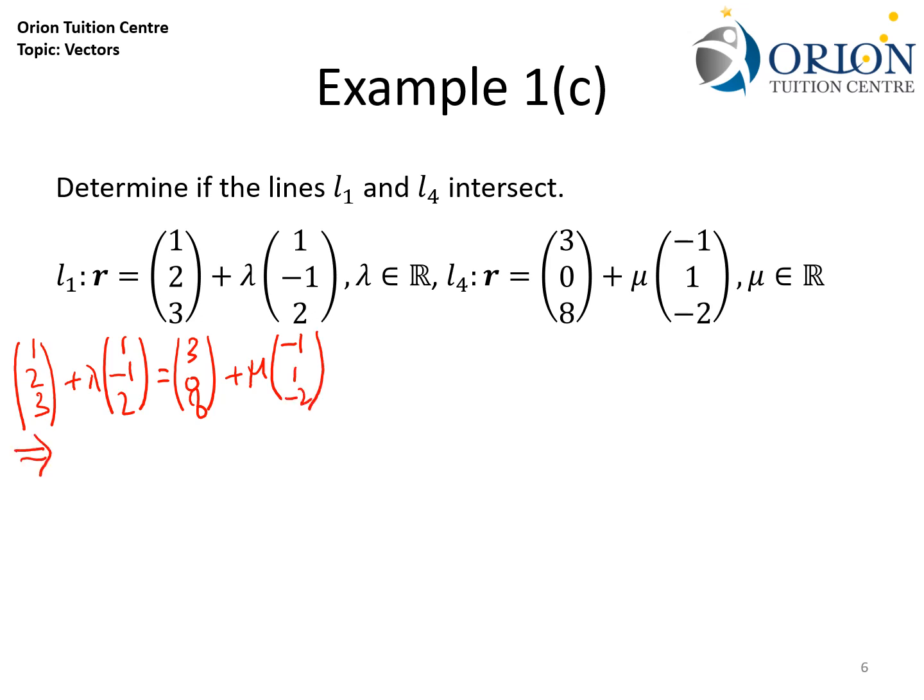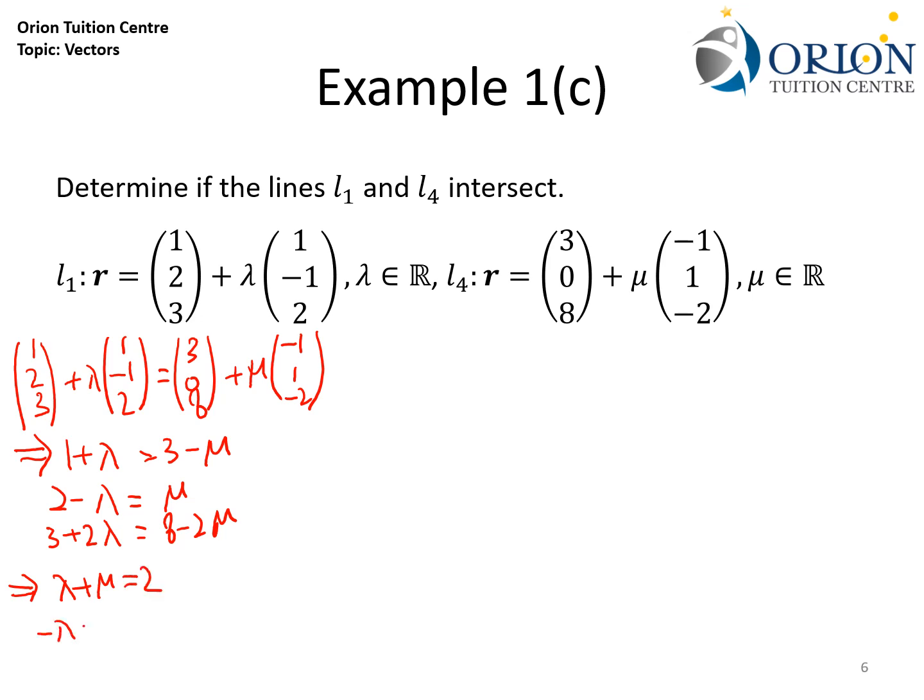And therefore, we compare the components to get 1 plus lambda equals 3 minus mu, 2 minus lambda equals mu, and 3 plus 2 lambda equals 8 minus 2 mu. And we can rearrange these three equations to get lambda plus mu equals 2, minus lambda minus mu equals minus 2, and 2 lambda plus 2 mu equals 5.